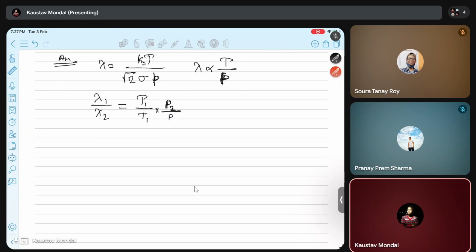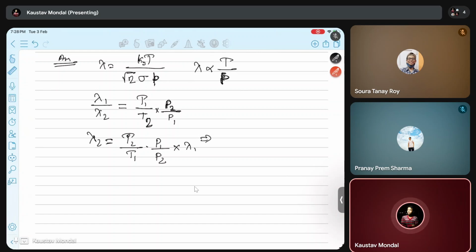Okay. So lambda 2 would be T2 by T1 into P1 by P2 into lambda 1, right?